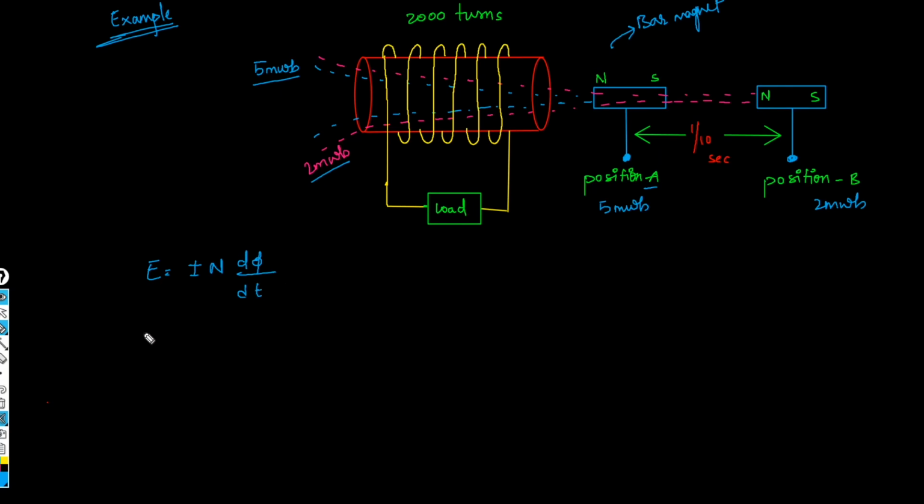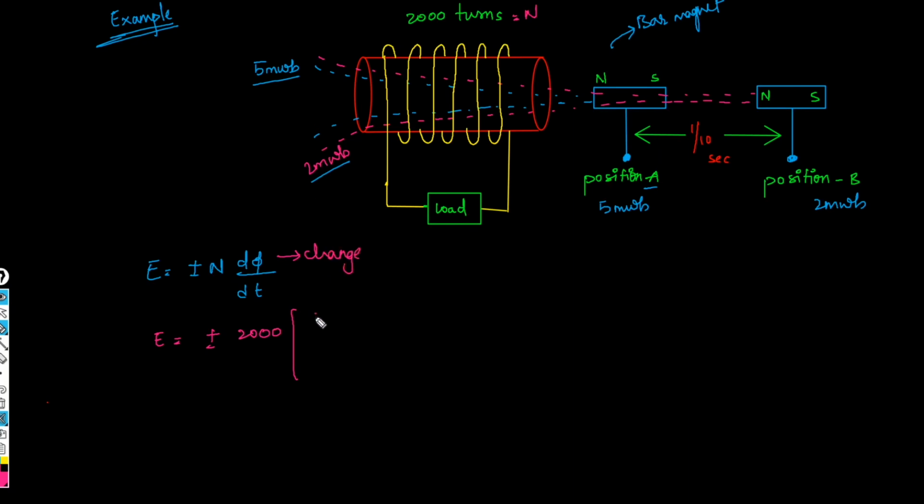So E is equal to plus or minus N times d phi by dt, where N is 2000 turns. So 2000 into d phi, which is the change in flux. What was the change in flux?